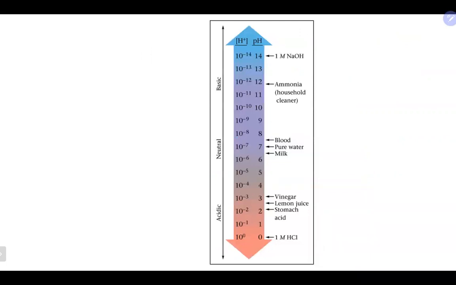Here's the pH scale, and again, where you find some things: pure water, milk, blood, and our acids here, vinegar, lemon juice, and our strong base up on top. If you take water that's been sitting out for a while, it's going to be a little bit acidic.